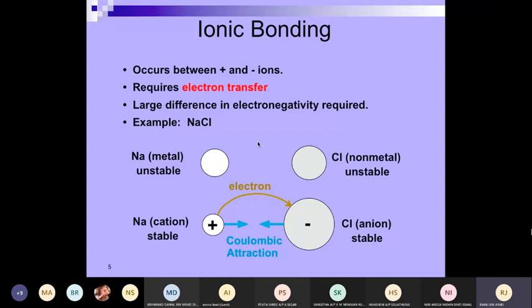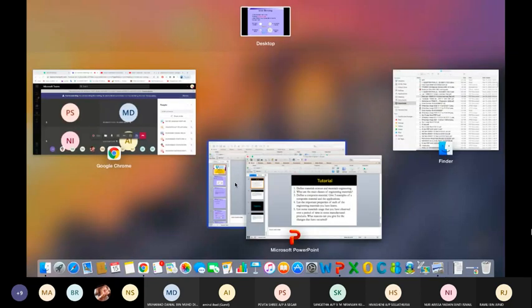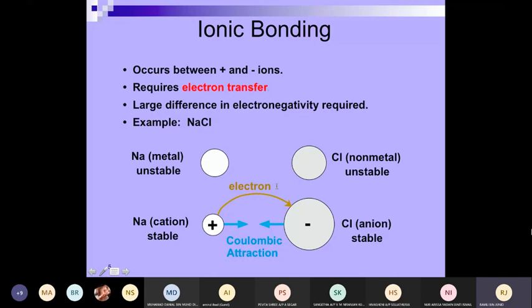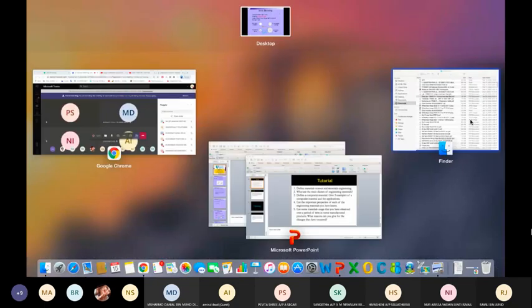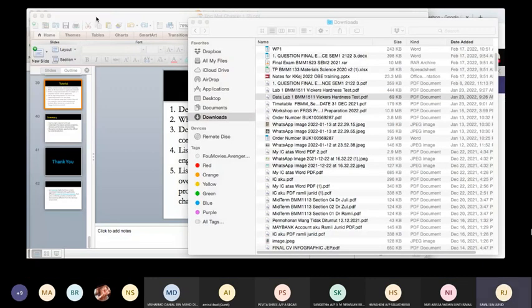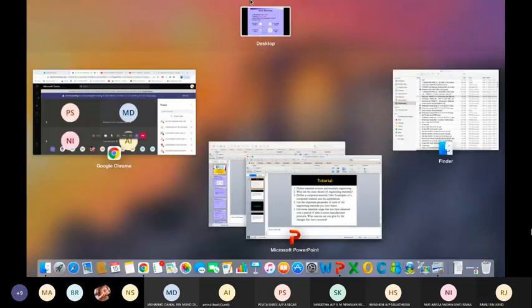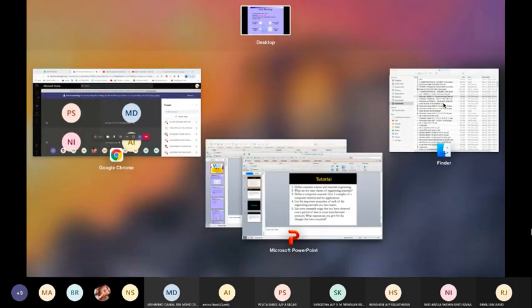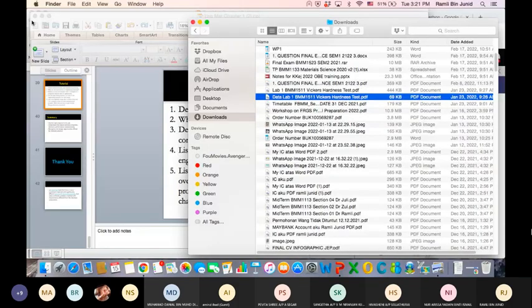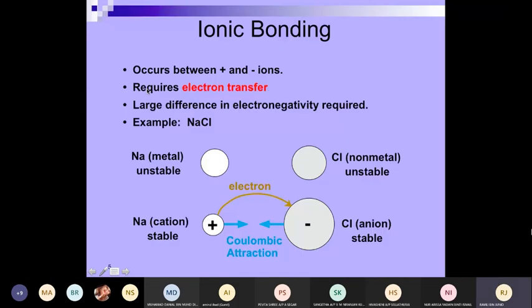Okay, so we look at ionic bonding first. Ionic bonding occurs between positively charged and negatively charged ions.